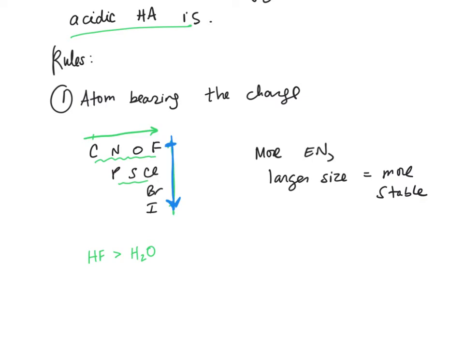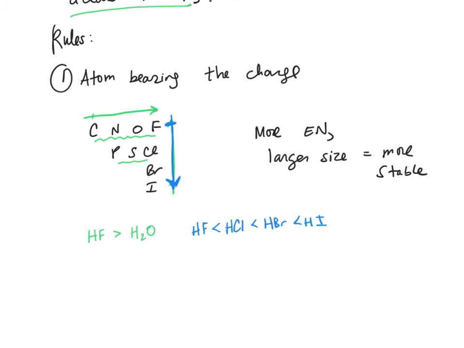So while fluorine is more electronegative than chlorine, hydrochloric acid is more acidic than hydrofluoric acid, and the same for hydrobromic acid and hydroiodic acid. And that can be rationalized based on the negative charge being more delocalized over a larger space over that larger atom.